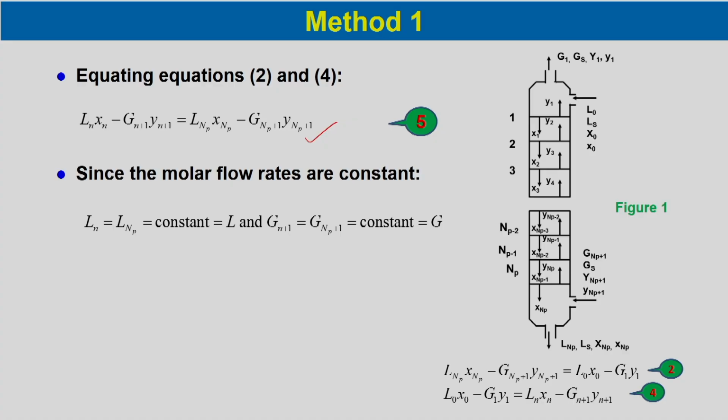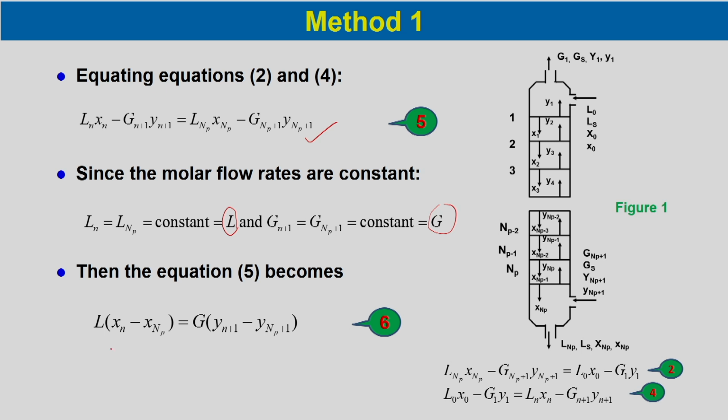So, with these assumptions we can write L n would be equal to L n P would be equal to constant and we consider it as L. Similarly, for gas G n plus 1 would be equal to G n P plus 1 equal to constant, which is denoted as G. So, from now onwards this liquid and gas flow rate will be denoted as L and G. So, this equation 5 would be reduced to L into x n minus x n p is equal to G into y n plus 1 minus y n p plus 1.